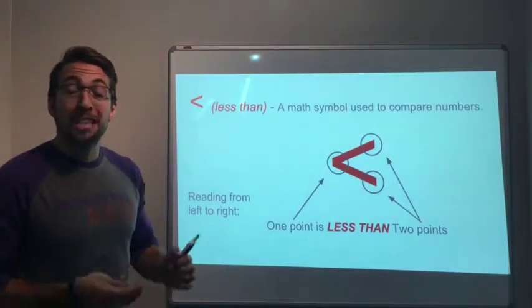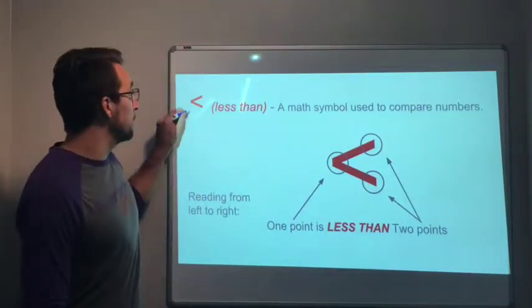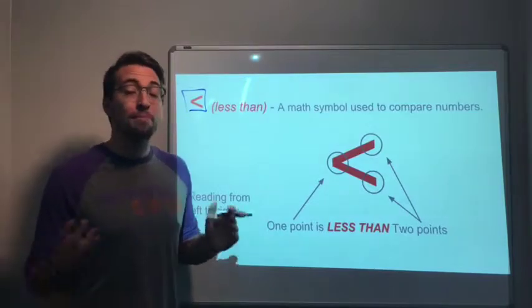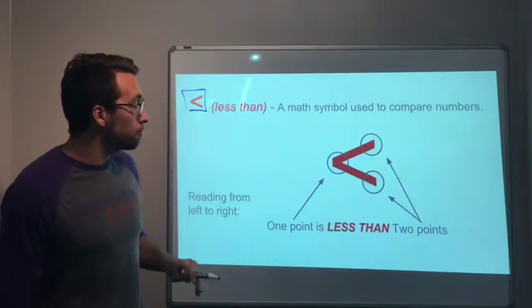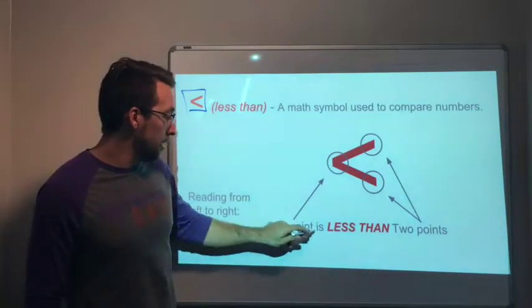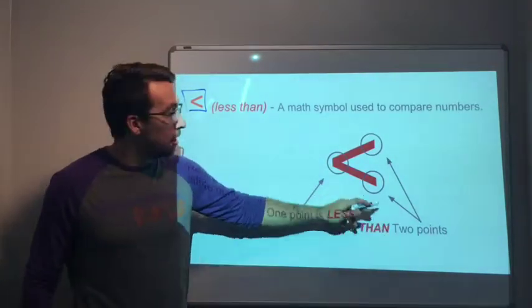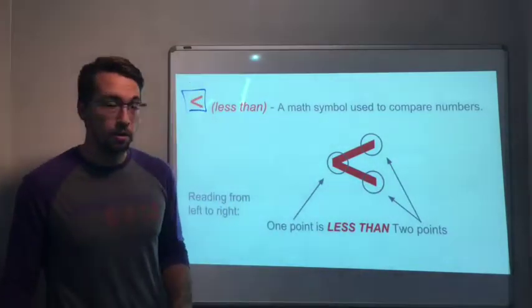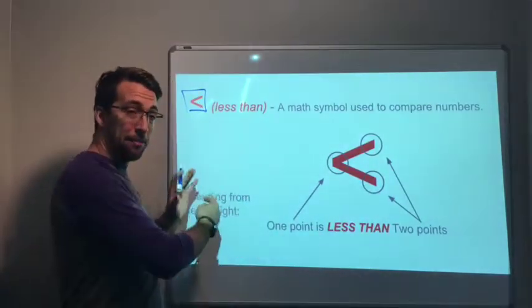Very important symbols, less than and greater than. This symbol means less than. It's used to compare numbers, right? So, when you're reading this symbol, notice, 1 point is less than 2 points. When we read from left to right.